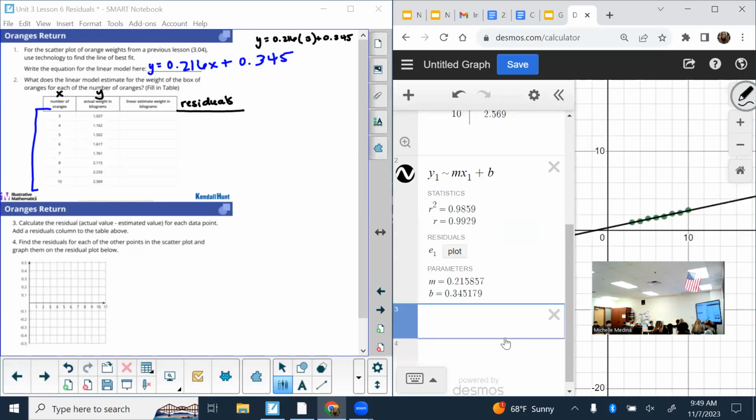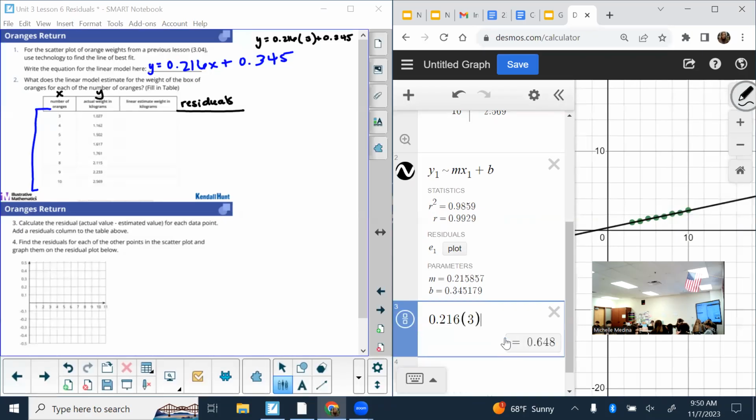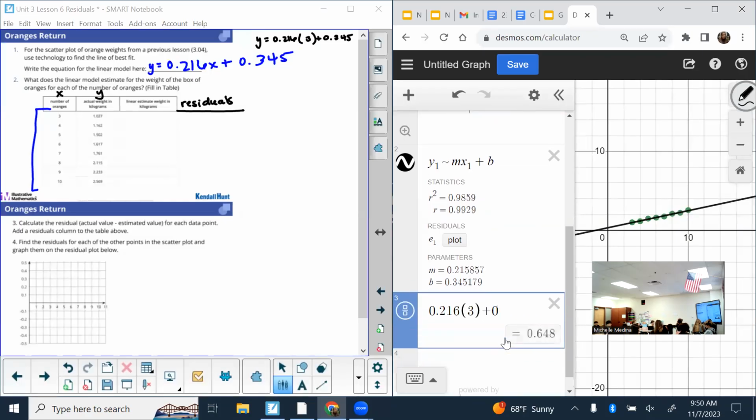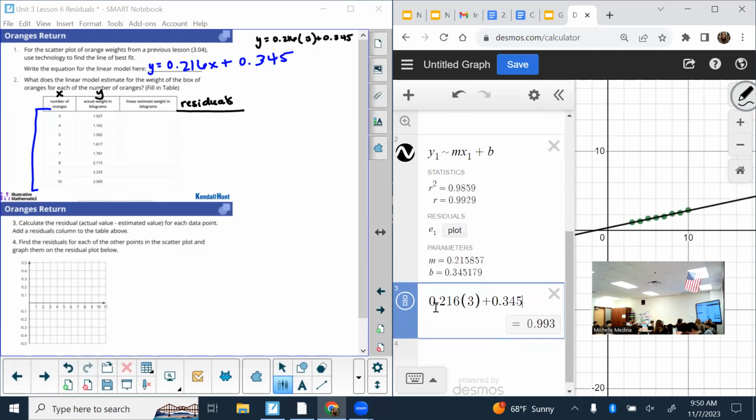What are those things called? Parentheses, thank you. And that makes my life super easy in Desmos, because then when I put in all my other values, all I have to do is change what's in here.